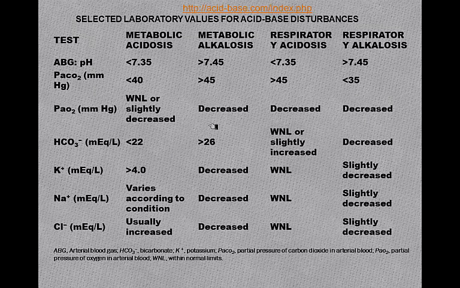Okay, so this is an ABG. We know our pH should be between 7.35 and 7.45. So acidosis is always going to have a low pH. Alkalosis is going to have a high pH.